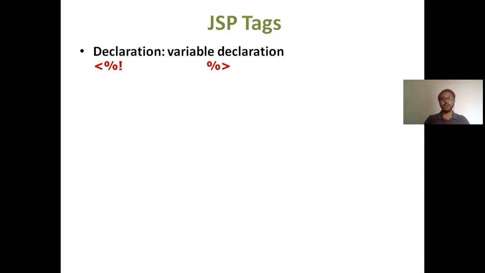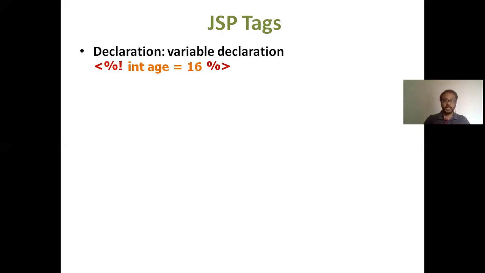Now let me show you an example of how to declare one variable in JSP using this syntax. I want to declare a variable called age whose data type is int, and I can also initialize it by specifying its value. In my example, I'm going to declare a variable of type int with the value 60.